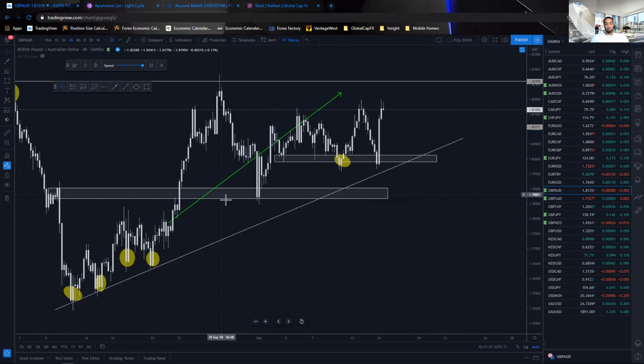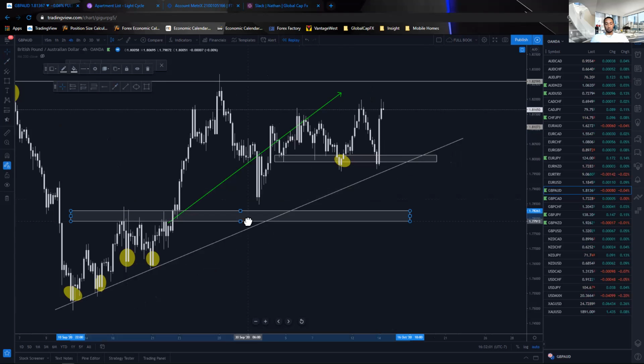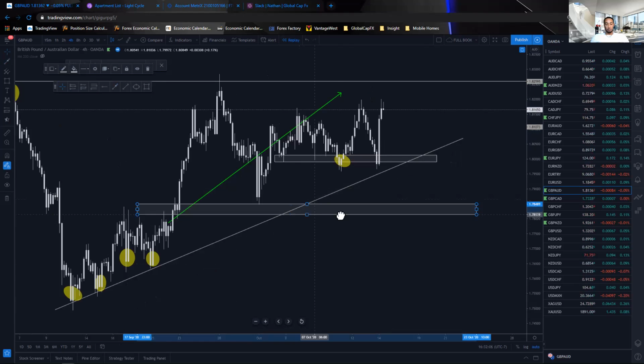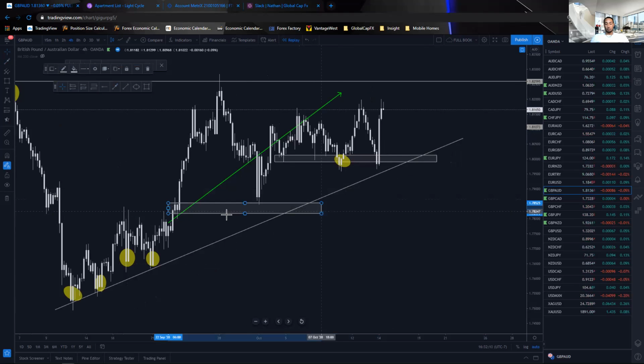A lot of people would look for this, which is cool. That's great. But what about this candle right here that broke out of that resistance? So you would pay attention to this area.